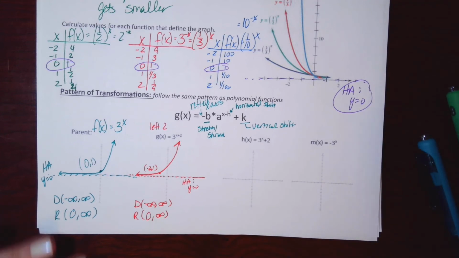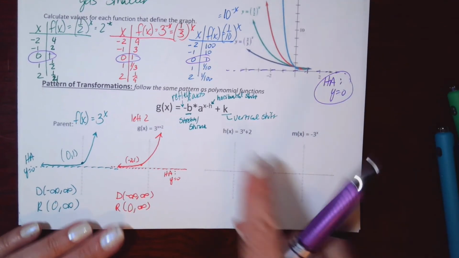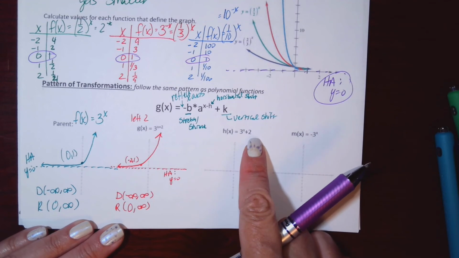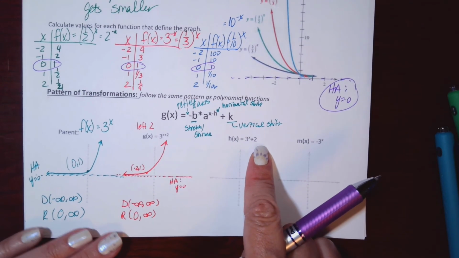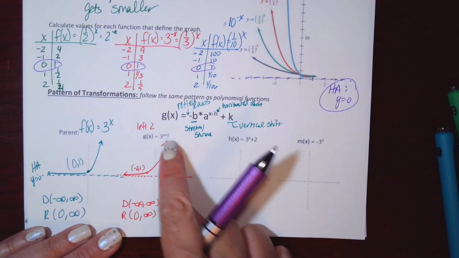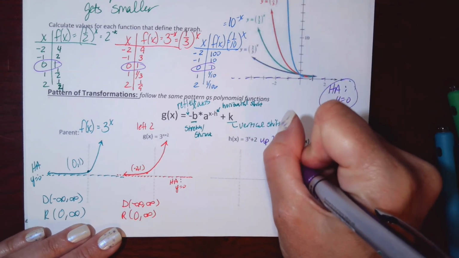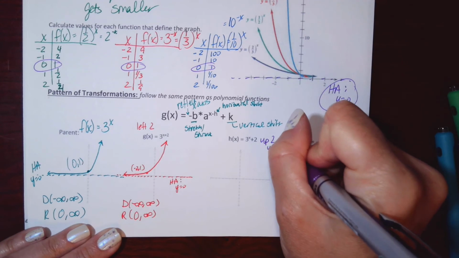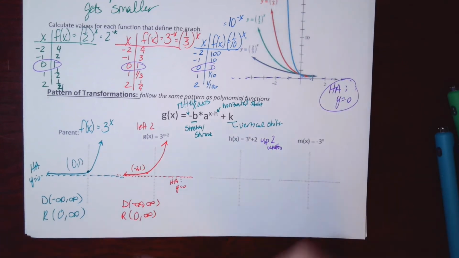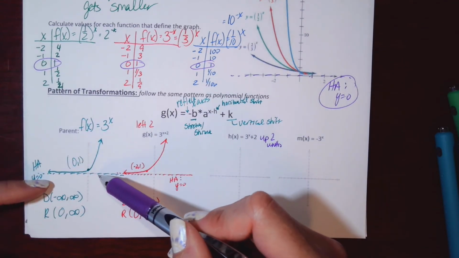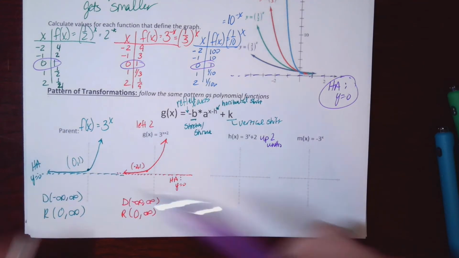All right, next transformation, h of x, 3 to the x plus 2. Now this plus 2 this time is not up here attached to the x, it's just tacked on. So this function is going to go up 2 units. Now if it goes up 2 units, that means everything shifts up. So my horizontal asymptote moves up, my intercept moves up.